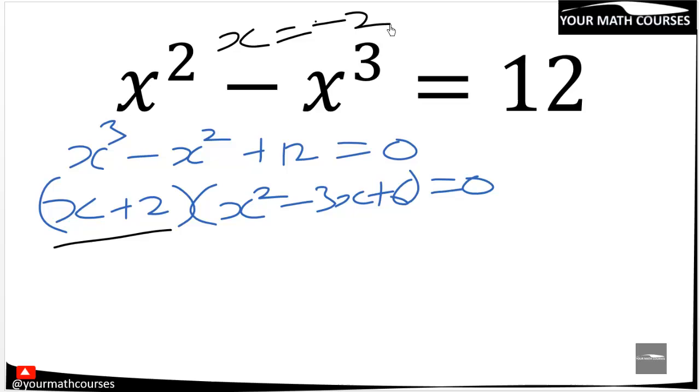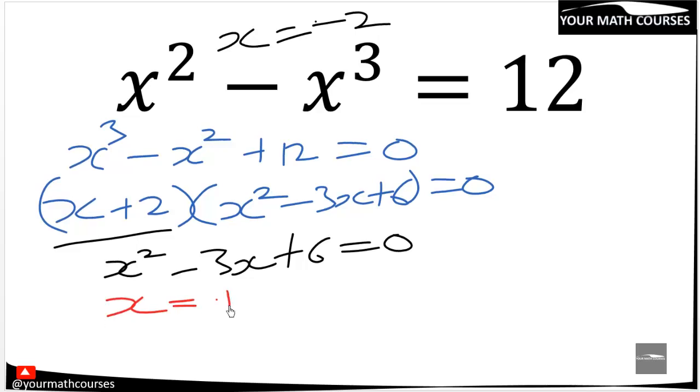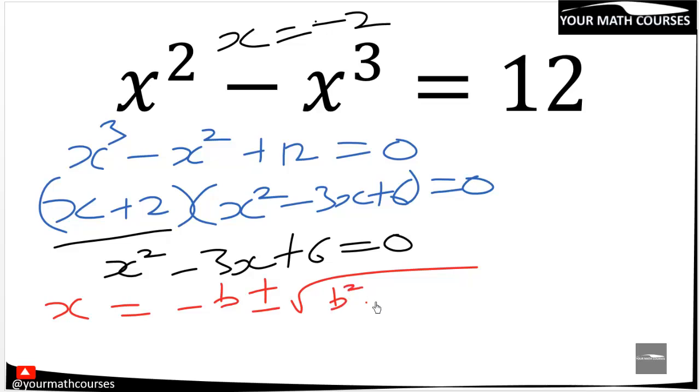So we use the zero product principle to solve x squared minus 3x plus 6 equals 0. So we can use the almighty formula, x equal negative b plus or minus square root of b squared minus 4ac all over 2a.